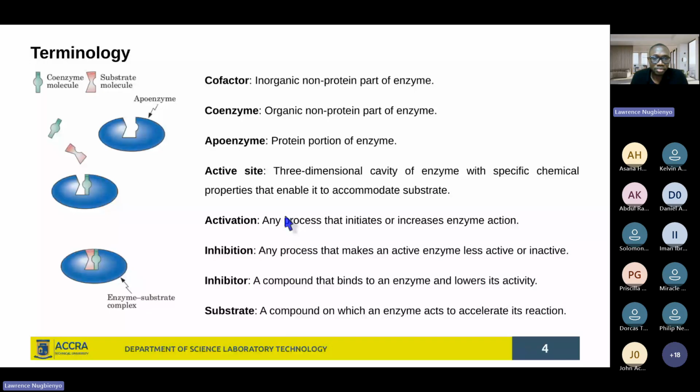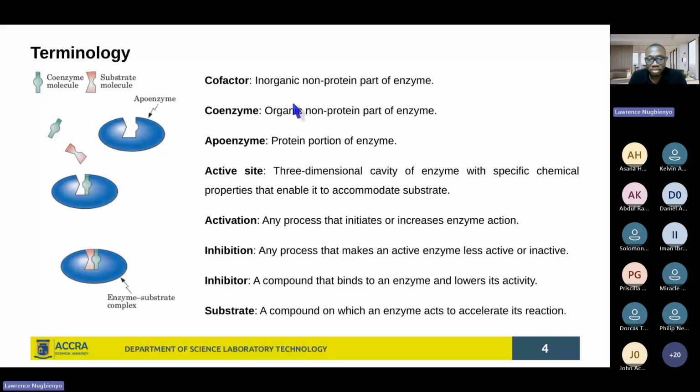Before we continue talking more about enzymes, there are some simple terminologies that we should get abreast with, because it's language. Every field has its own language. Accountants will have their language. Marketers will have their language.